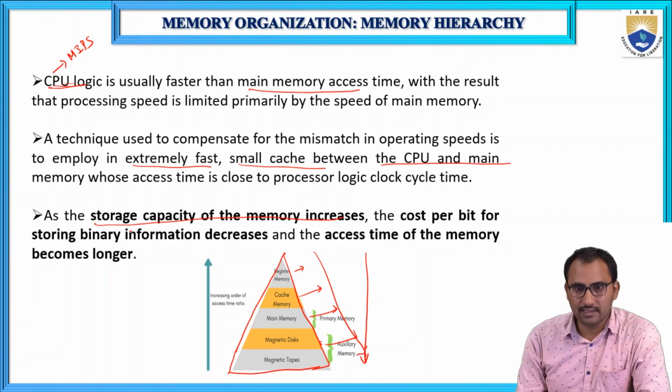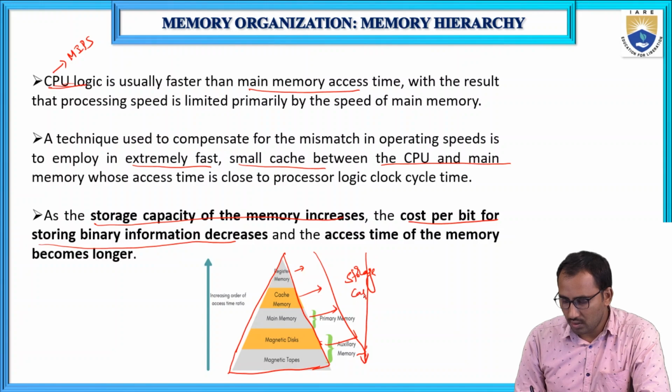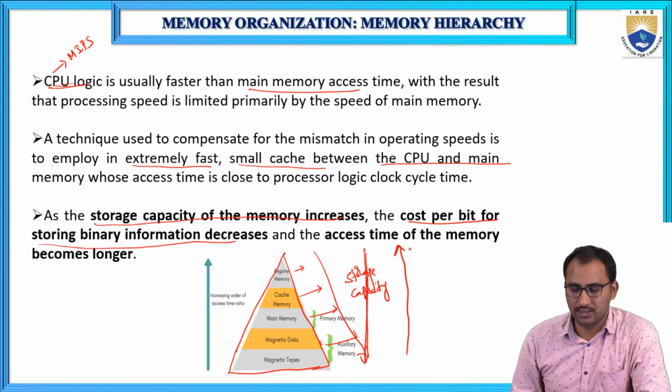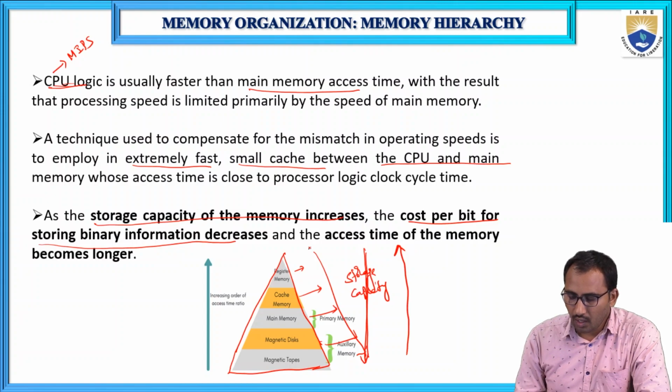As the storage capacity of the memory increases, the cost per bit for storing binary information decreases. So if the storage capacity increases, then the cost per bit decreases, and the access time of the memory becomes longer.